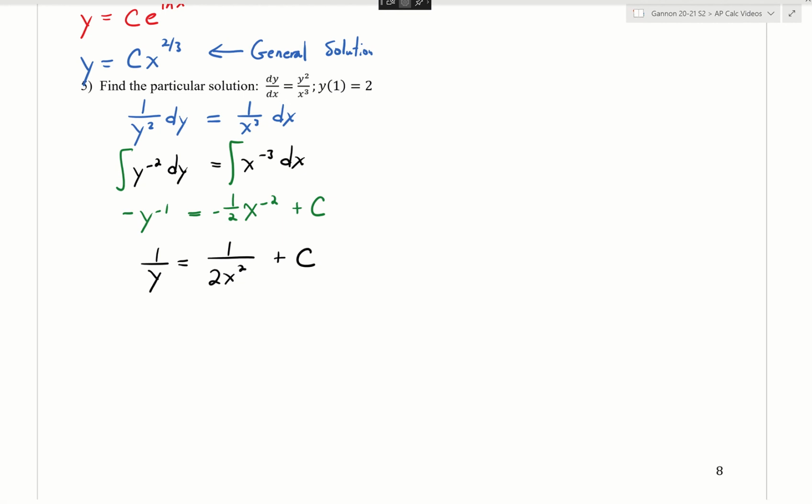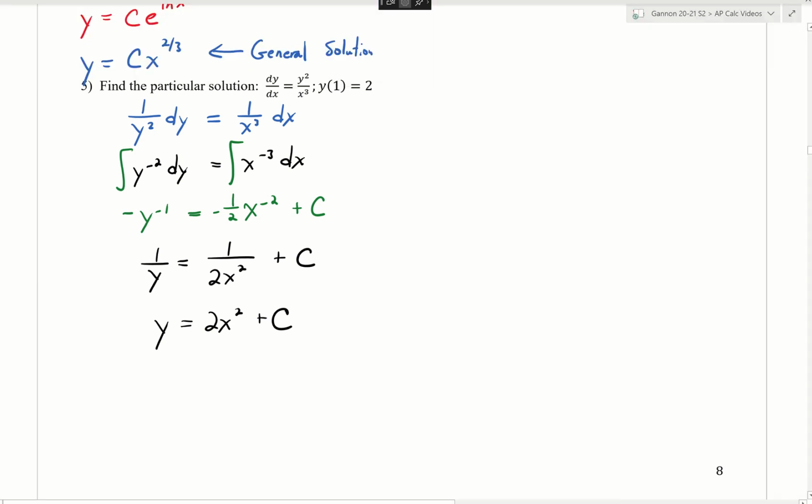We want to get y out of the denominator if we're going to be able to solve that. Okay? So again, because we haven't figured out what c is, if 1 over y is 1 over 2x squared plus some constant, then y is going to equal 2x squared plus the constant. Again, because we have not decided on what that constant is.